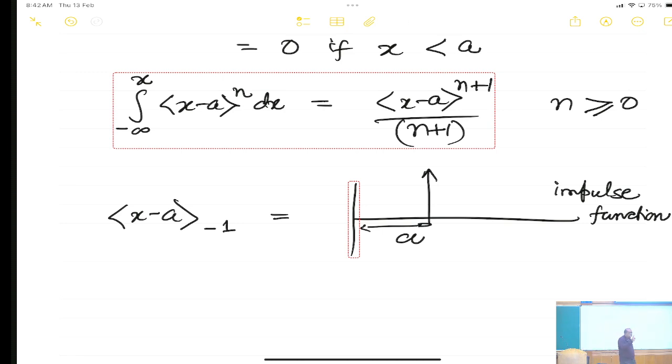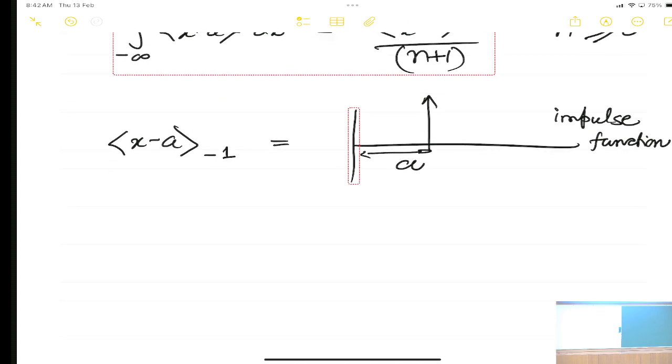An impulse function, we denote it as x minus a to the power of minus 1. I did not put it as a power of minus 1, I just wrote minus 1 at the bottom, just to show that what this means is at x is equal to a, this becomes infinity and it is 0 at all other points. And where would we use this impulse function? To show the concentrated forces and concentrated moments.